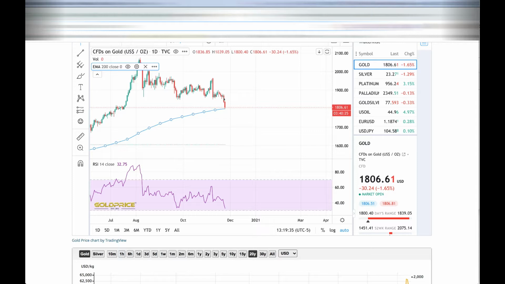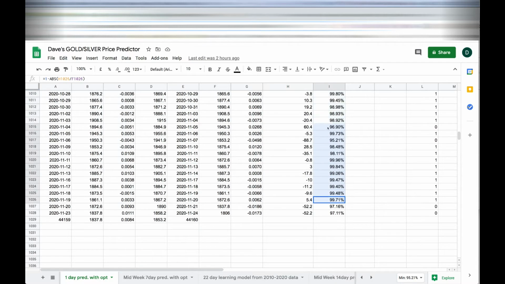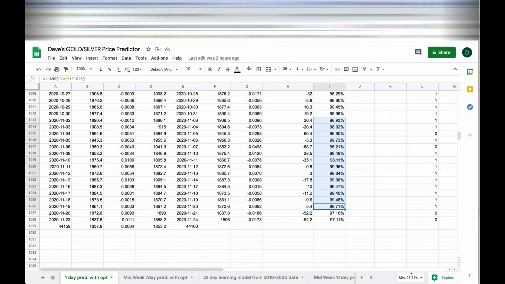When I look at the machine learning models and the predicted prices, I can see a clear deviation between what the model is predicting and the realized prices. This is really clear in the 1-day prediction. I made the 1-day prediction model, and I was surprised that it is extremely accurate for short-term predictions.